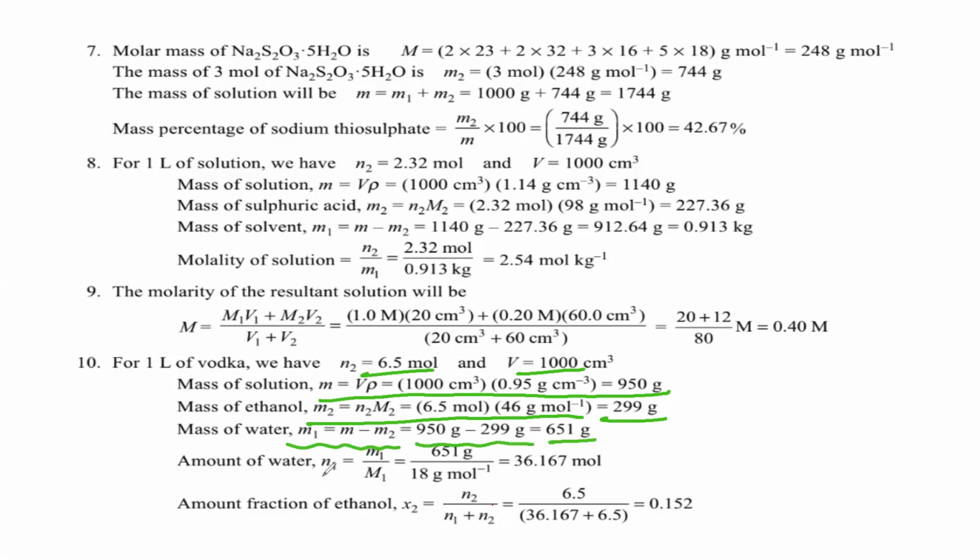So the amount of water, N1, is equal to mass by molar mass, 651 by 18, which is around 36.167 moles. The mole fraction of ethanol, X2, is equal to N2 by N1 plus N2, which is 6.5 by 36.167 plus 6.5, coming around 0.152. I hope this is clear.